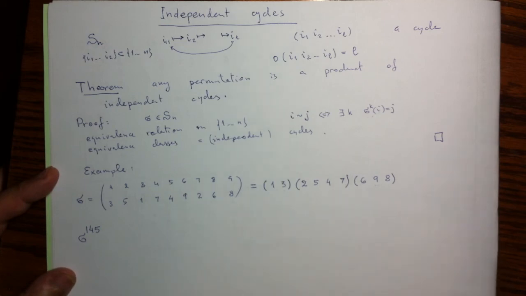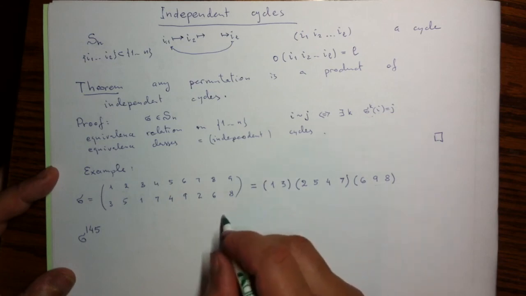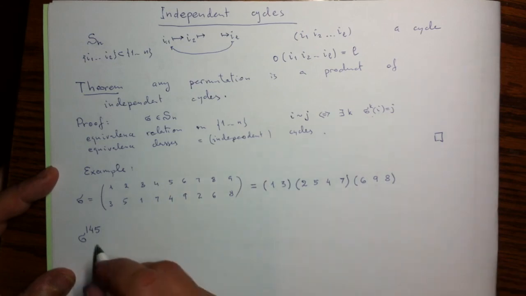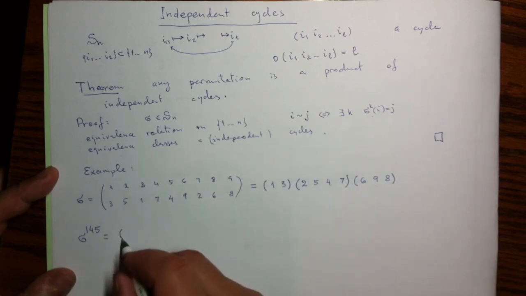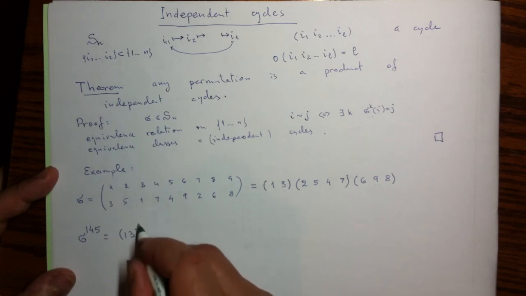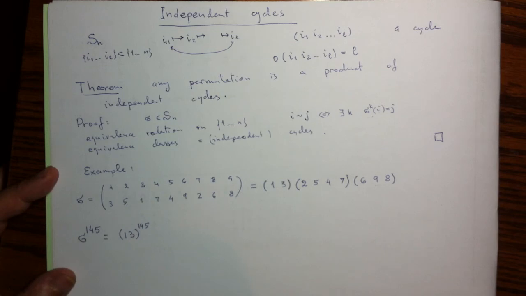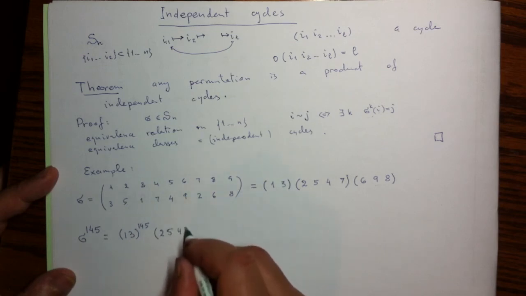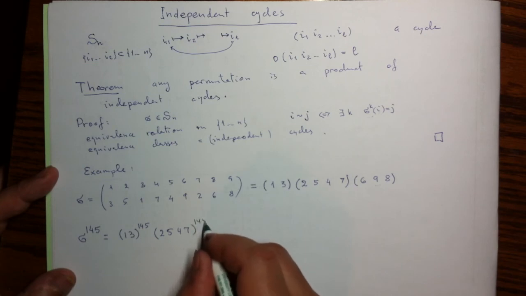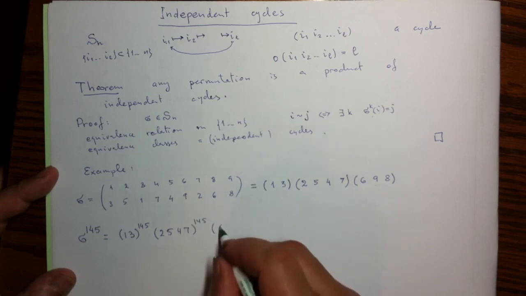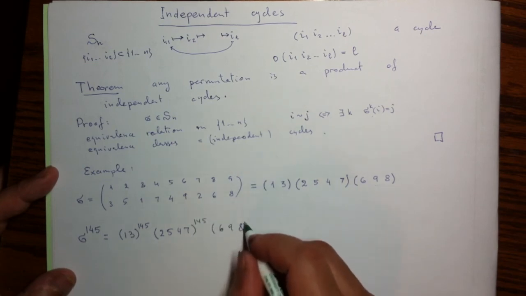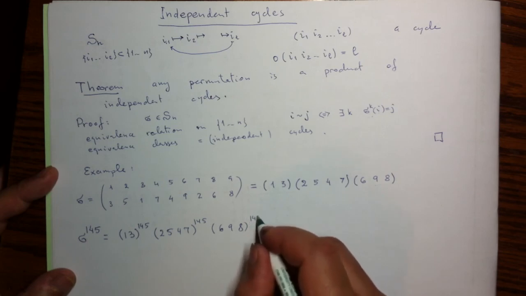When we compute their powers, let me write it somewhere here, for this one it will be possible to write it as the power of the transposition, the power of the 4 cycle independently, and then the power of the 3 cycle.